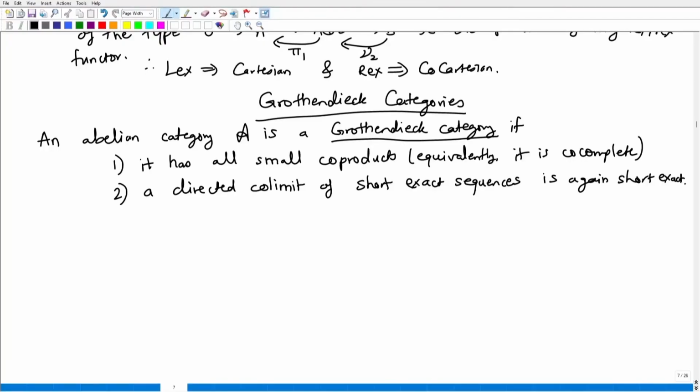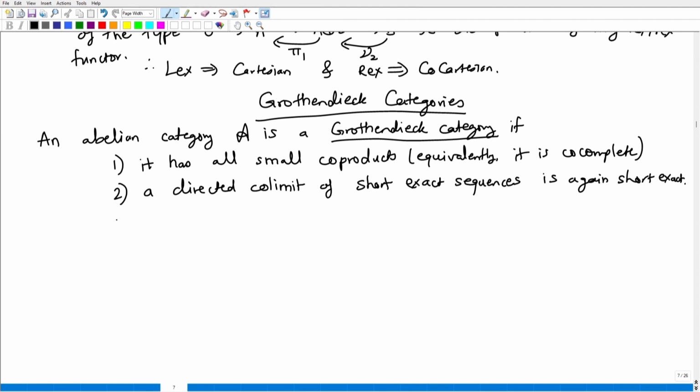So it only remains to ask whether directed co-limits commute with kernels, and that is what this property is saying, that it preserves kernels as well. That's the only remaining thing. Okay, so this is AB4 and AB5.